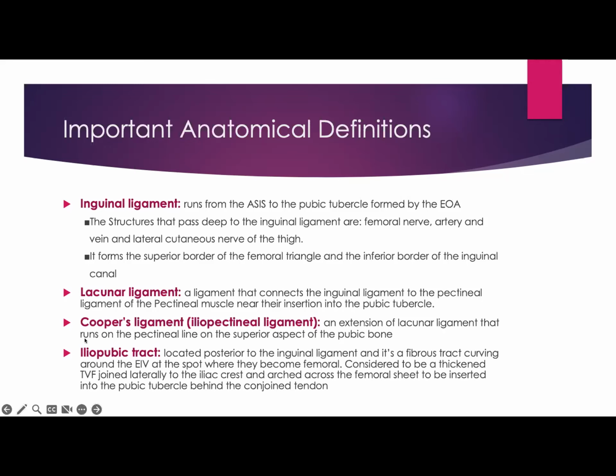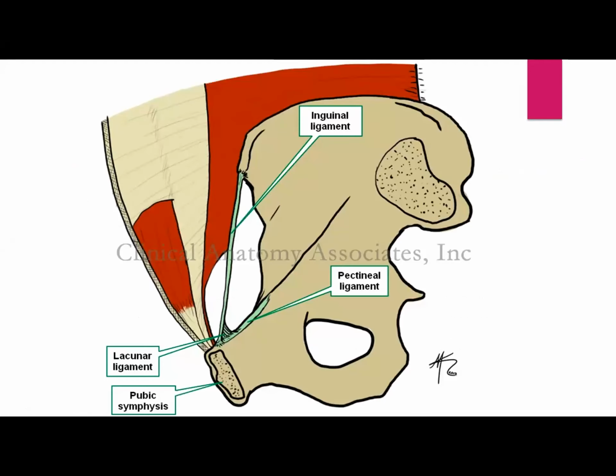And we also have the iliopubic tract, which is posterior to the inguinal ligament, and it's a fibrous tract curving around. So all of these are not important for the lecture. Okay, I'm going to tell you later what's important. We have over here the inguinal ligament, the pectineal ligament, and over here the lacunar.